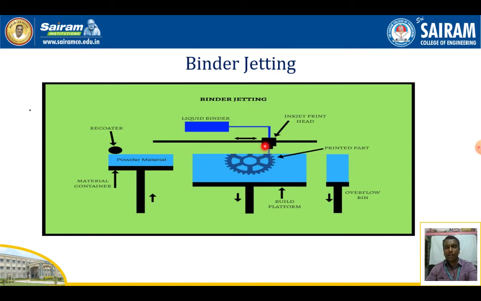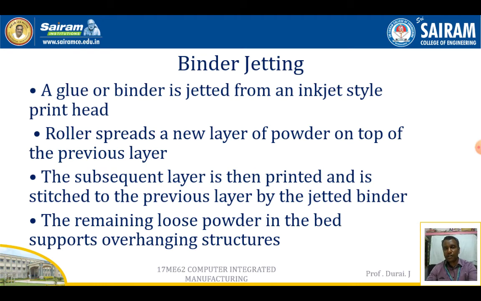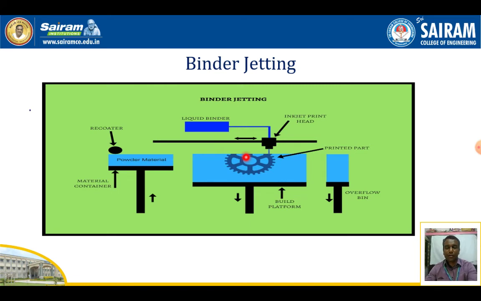Then the print head again deposits the binder above the layer to adhere or join the powder materials. The process takes place repetitively, according to whatever shape the CAD design provides. The process is repeated until then, and then the shape is obtained.